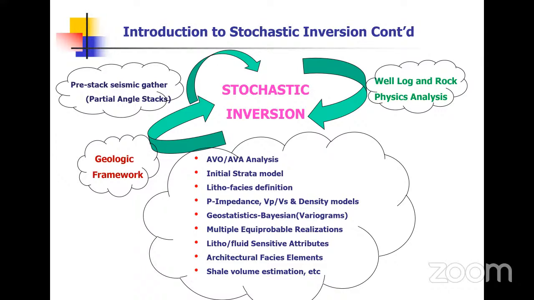So as a step, whether it's deterministic or stochastic, it's always good to do AVO analysis. AVO is the same as AVA. AVO is amplitude variation with offset, AVA is amplitude variation with angle. Offset is related to angle. So you do the analysis and see how your amplitude varies as your offset distance or angle increases.